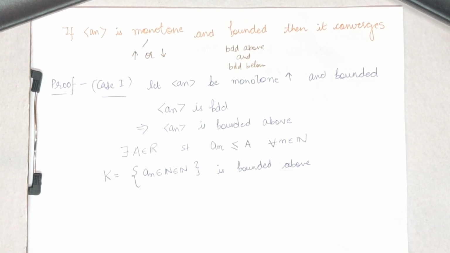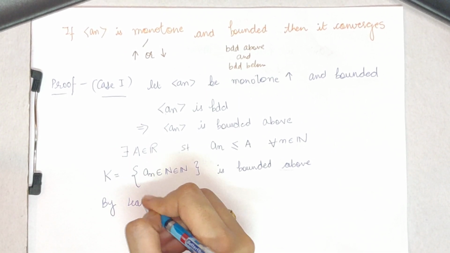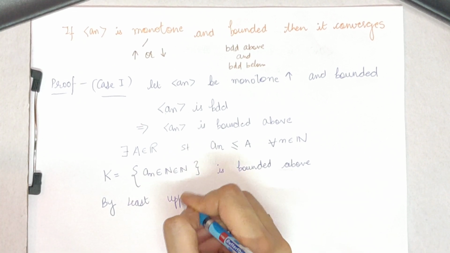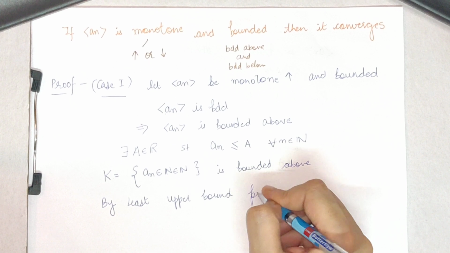this number A. Now by the upper bound property, every set which is bounded above will have a least upper bound. So by the least upper bound property, what will you get?